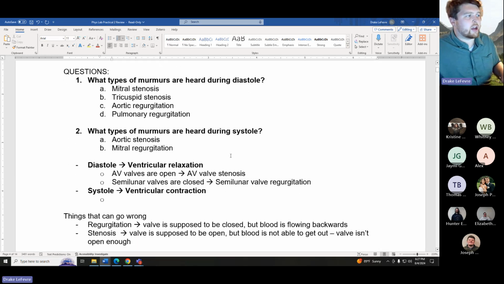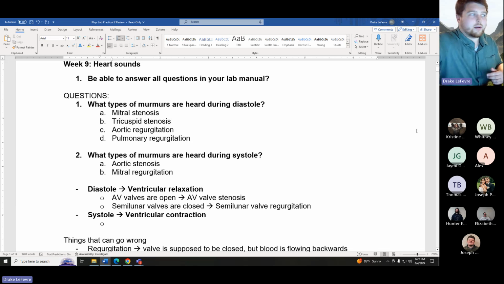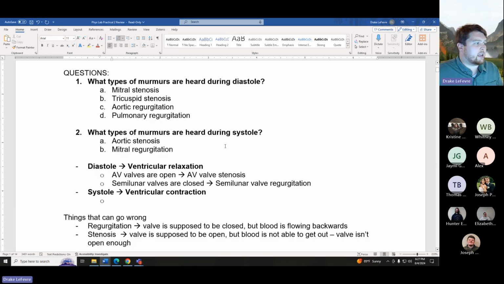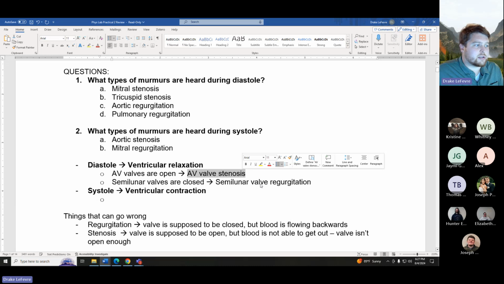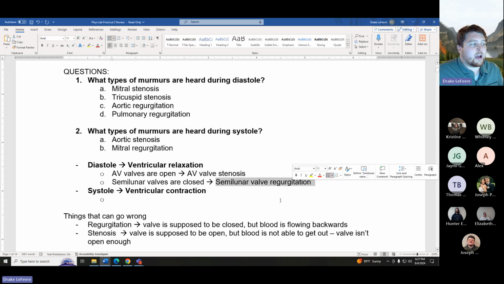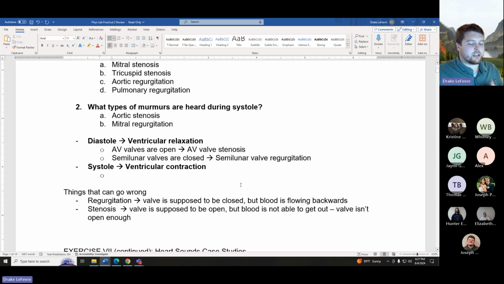So again, if you're hearing a noise during diastole, you're looking at either AV valve stenosis or one of the semilunar valves regurgitation. And wherever you're listening in the heart corresponds to that specific valve having issues. Systole is ventricular contraction. So let's keep it consistent: the AV valves are closed.